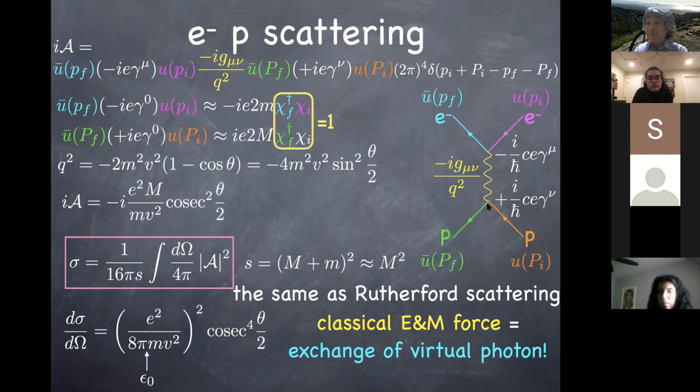So given this idea, we say the photon is a force carrier of electromagnetism. Rutherford scattering, of course, happens because of the Coulomb force between electron and proton. And we now understand the Coulomb force as a result of exchanging a virtual photon. And that's the way QFT describes a force.